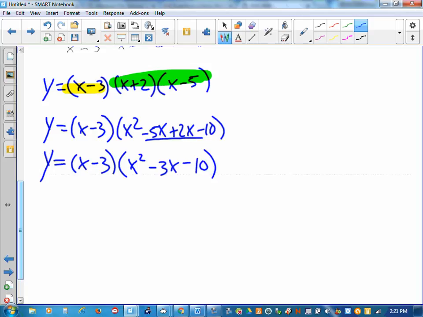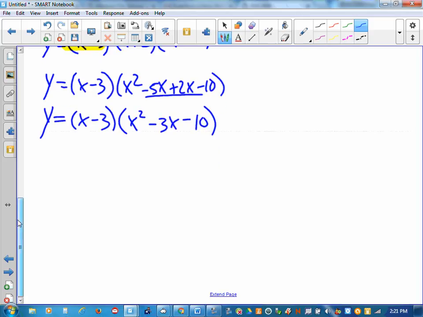Now we're going to do the multiplying of all the x times that and all the negative 3 times that. So here we go. x times each one of those would be x cubed minus 3x squared minus 10x. Negative 3 times each one would be negative 3x squared plus 9x plus 30. And now we collect our like terms.